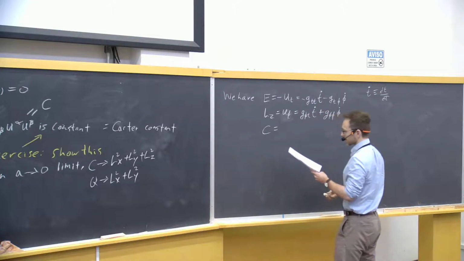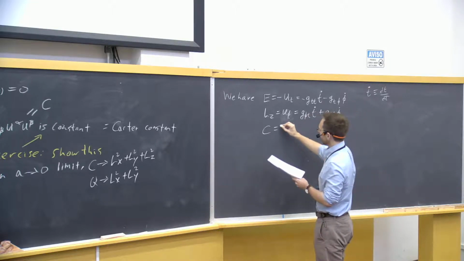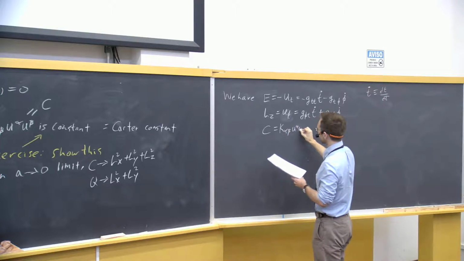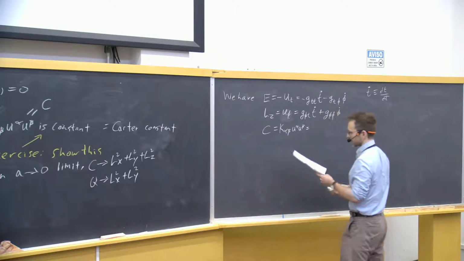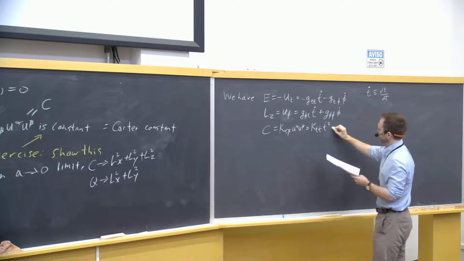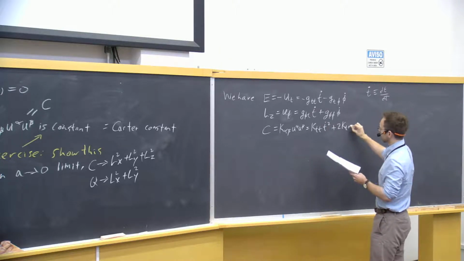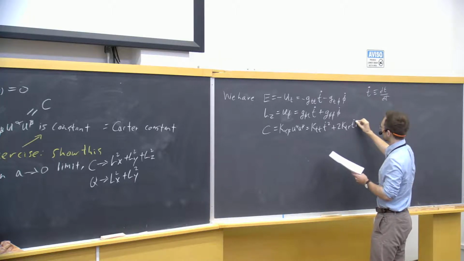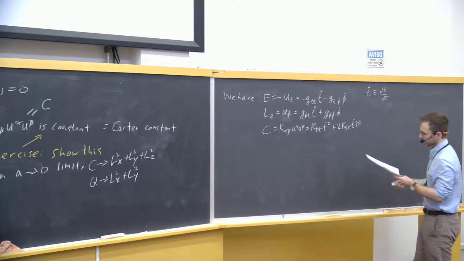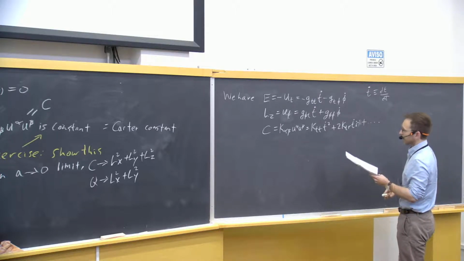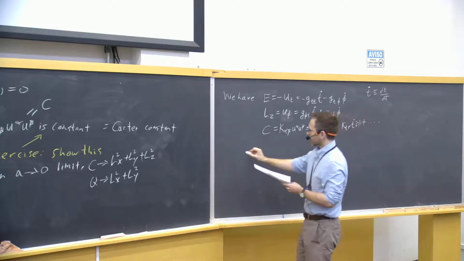The Carter constant is K tt t dot squared plus 2 K tr t dot r dot plus all the other combinations.